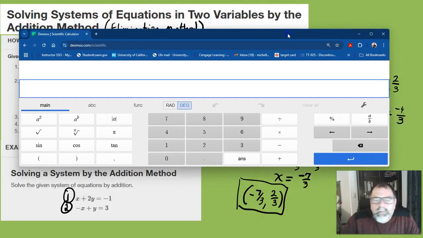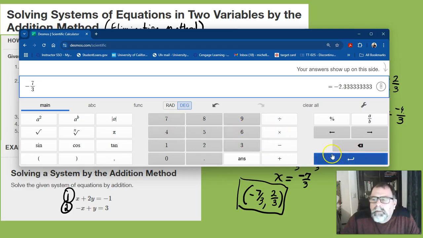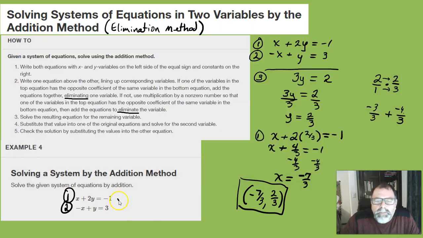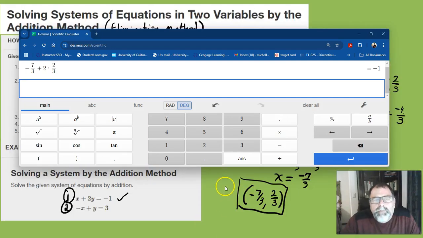So I'm going to put in x is negative 7/3, plus 2 times 2 divided by 3, and then hit equals, or enter in this case, and I get negative 1. So see, that's the check. I don't actually write down my check. I just do it with a calculator like that. And then do the next one.